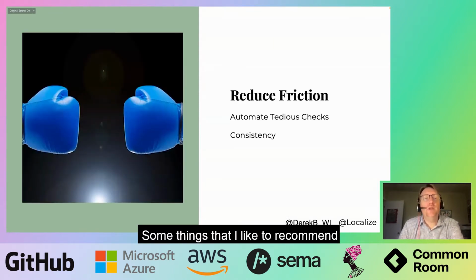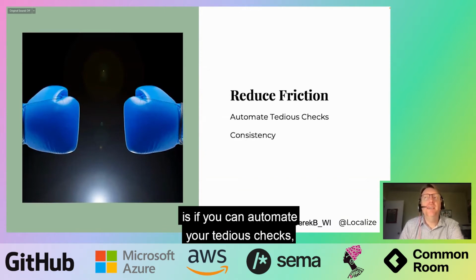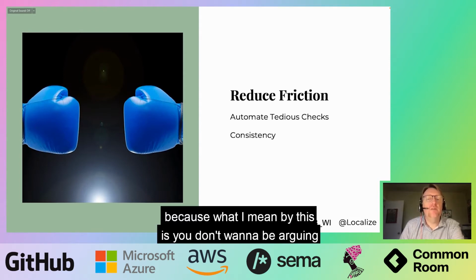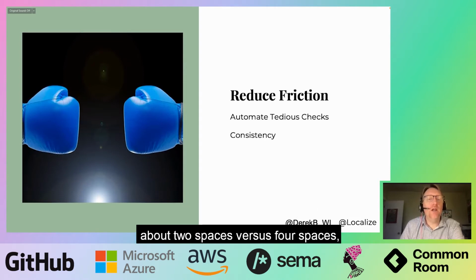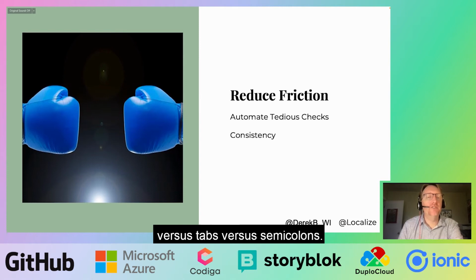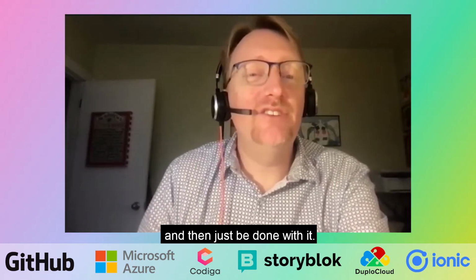Some things that I like to recommend in any code review process is if you can automate your tedious checks, you're going to be much better off. Because what I mean by this is you don't want to be arguing about two spaces versus four spaces versus tabs versus semicolons. You can just lint that, make it part of your commit process, and then just be done with it.